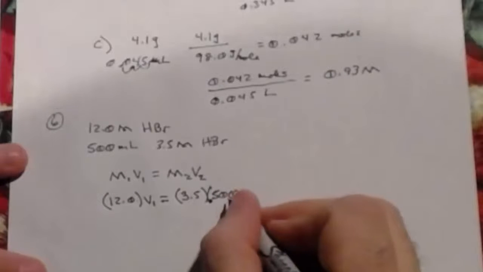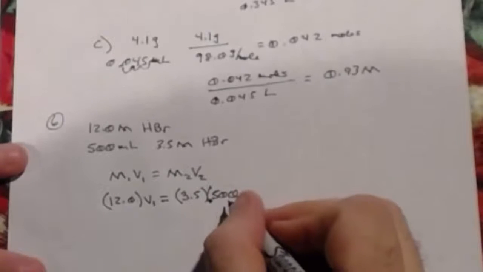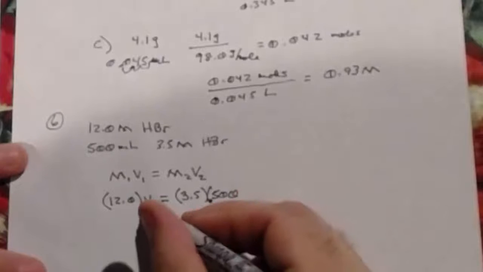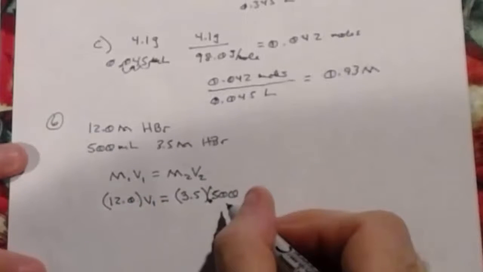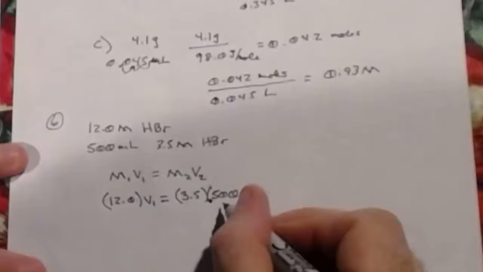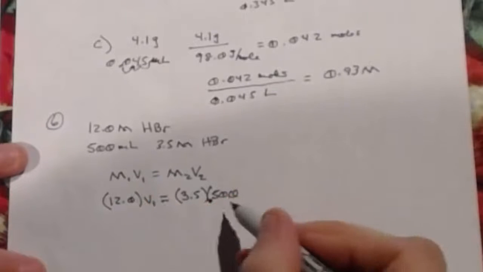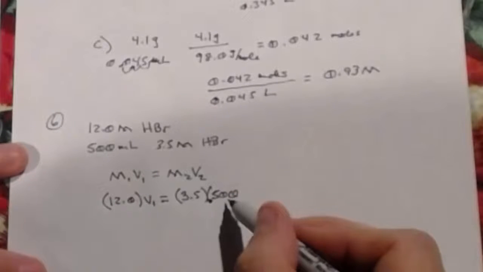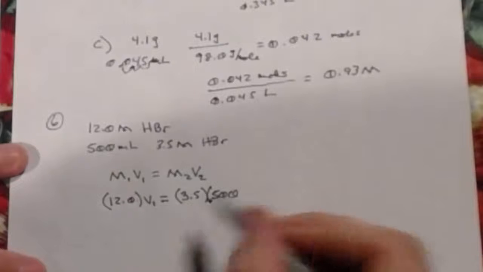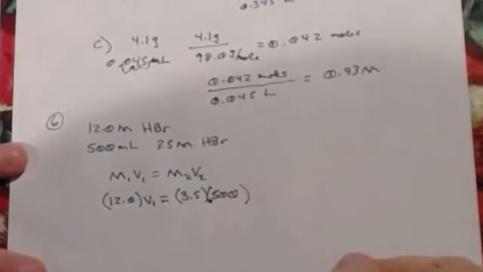Now, I wrote that in milliliters. If I'd used liters, it'll work as long as I remember my answers in liters. If it's easier for you to just change that to 0.500 liters, that's fine. Then your first volume is going to be in liters. In this case, I used 500 milliliters, and I have to remember that my answer is going to be in milliliters.